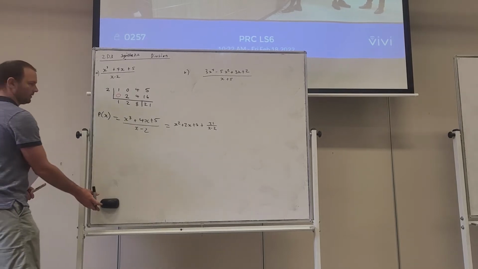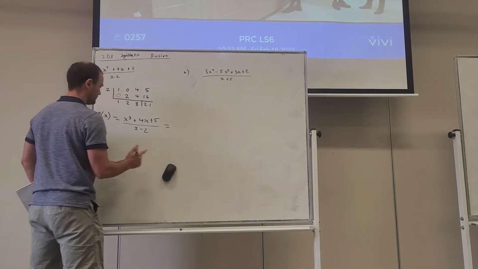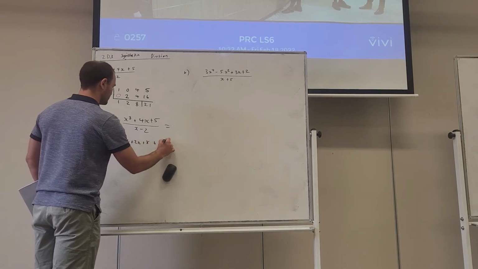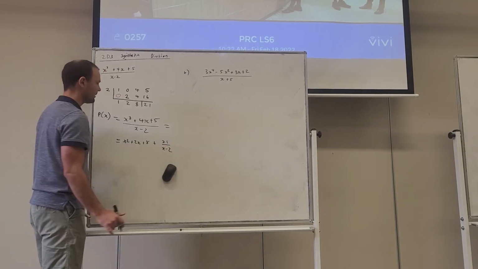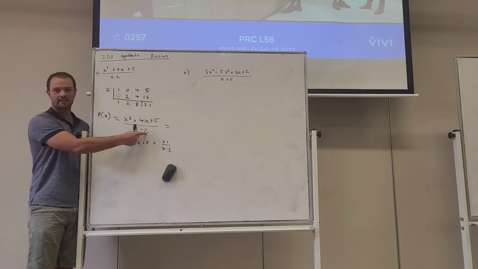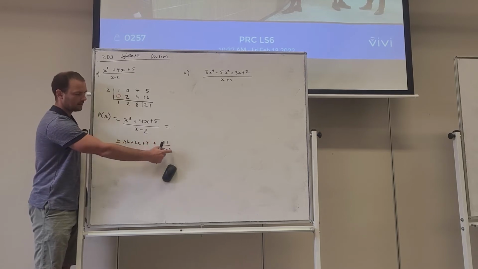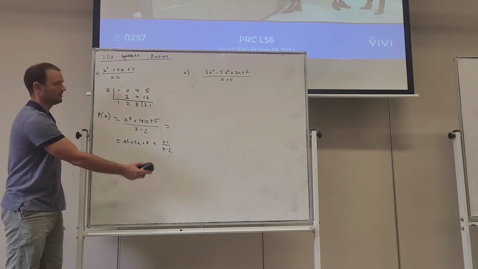Might write it so I can use that space over there. Remember, p of x on d of x is equal to q of x plus r on d of x. We've got that written down.